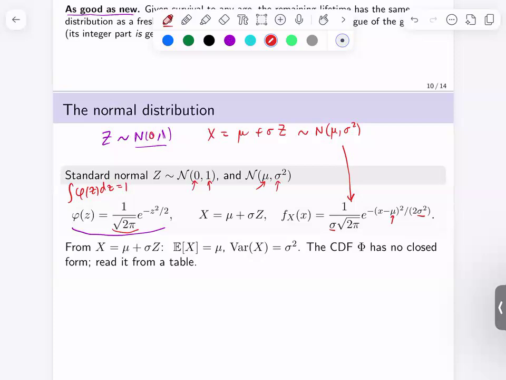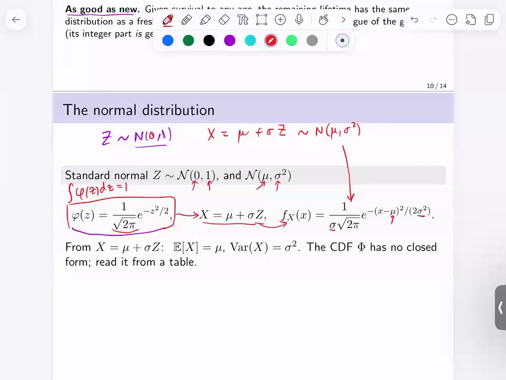This one you can prove. This is, let's say, a definition that you can take as the starting point. And then you can define a more general normal distribution like this. The fact that if you define it like this, the PDF would be like that, is an instance of doing a transformation of a random variable.